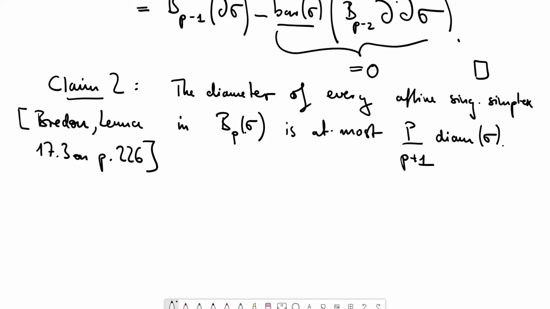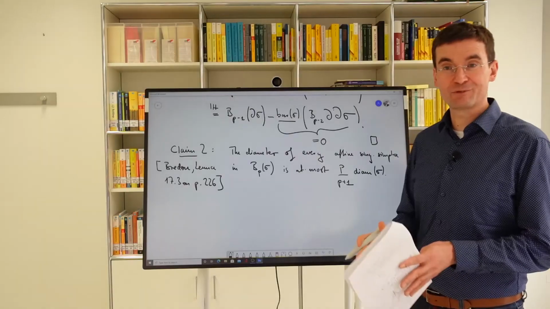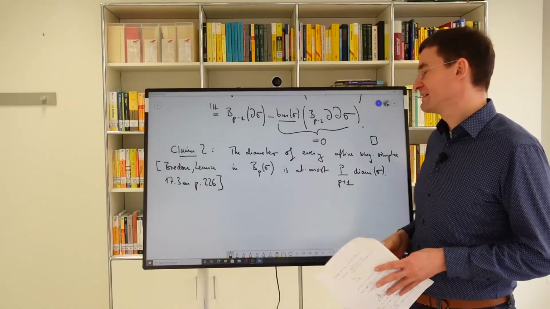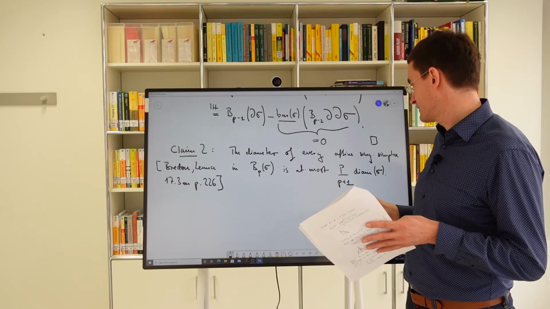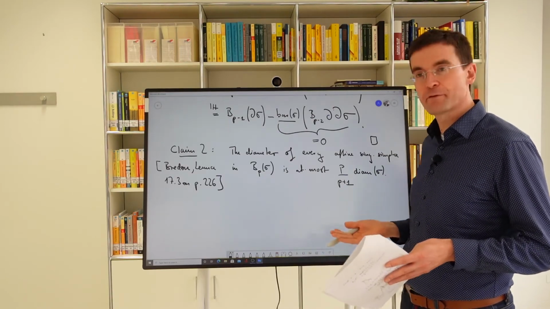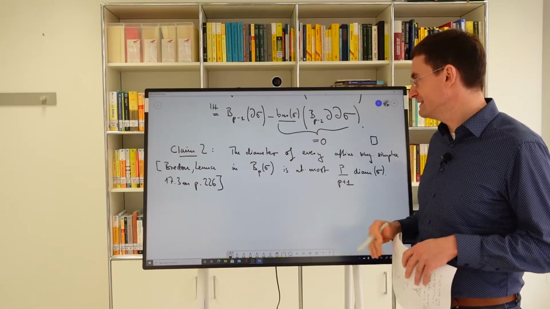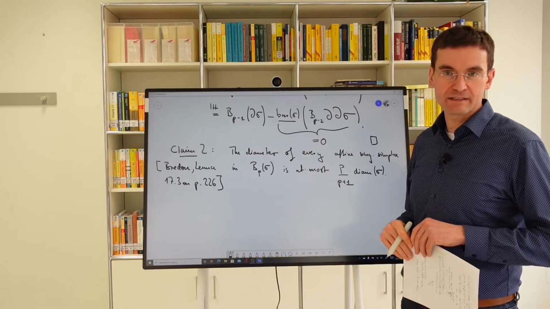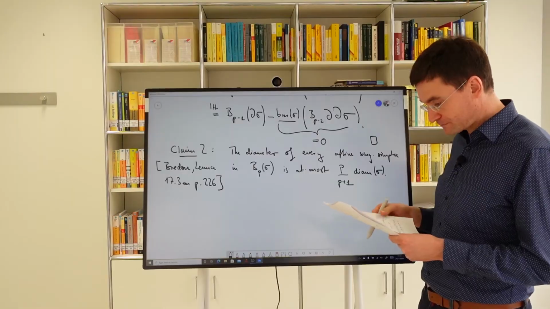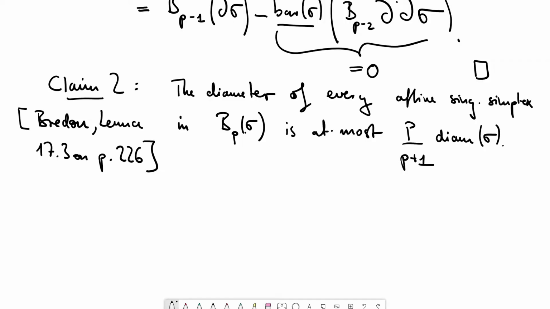For p equals 1, we divided it into halves, it's clear. Also for a 2-simplex, it's 2 over 3, also clear from elementary geometry. In general, it's an easy direct calculation that you can do. And I won't do it because the following consequence is quite obvious.